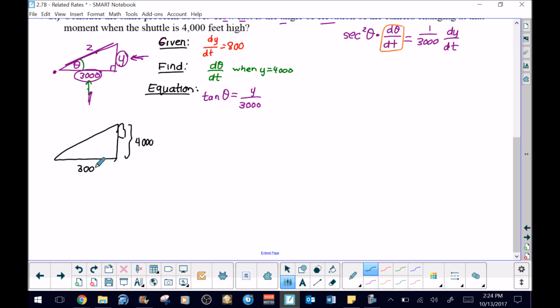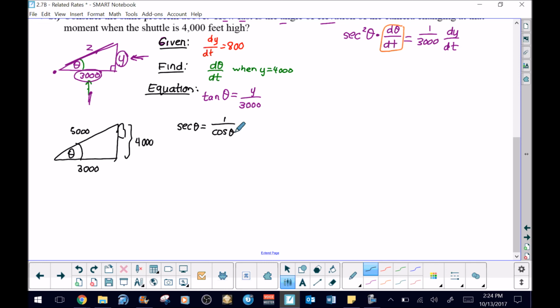Well, if we know all three sides of our right triangle, I think we could find virtually any trig ratio that we wanted. So if we wanted the secant squared of this angle, you've got to think about the fact that secant of theta is the reciprocal of cosine. So we would just go about finding the cosine and then flipping that answer upside down, and then I believe we're going to have to square it.